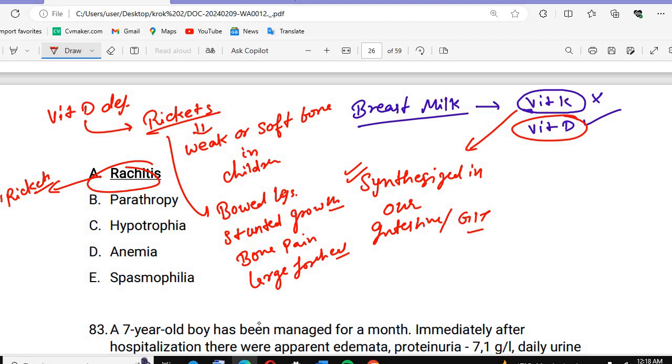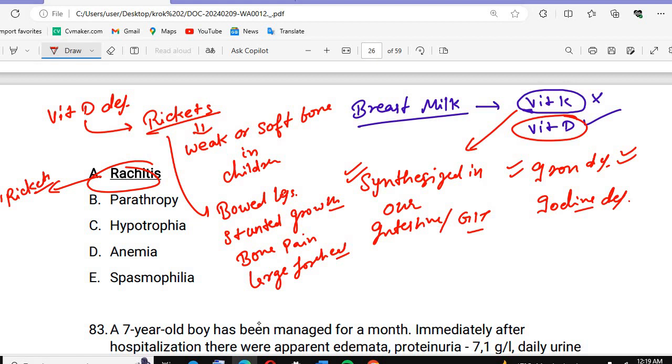Along with that, in the breast milk there can be iron deficiency, and we can see iodine deficiency. But iron deficiency we already know about: it is recommended that the mother take iron and folic acid tablets, and the dose is increased during pregnancy, to prevent neural tube defects.